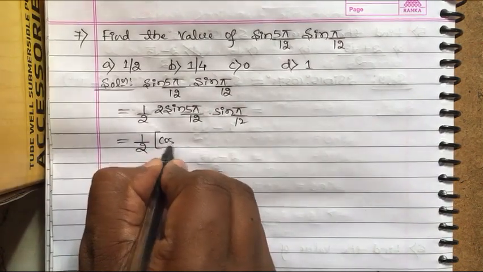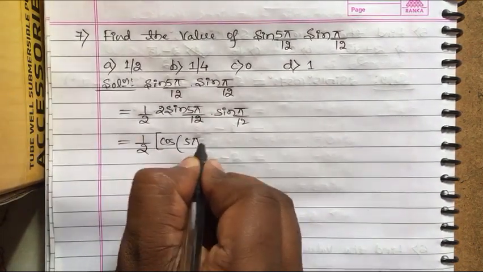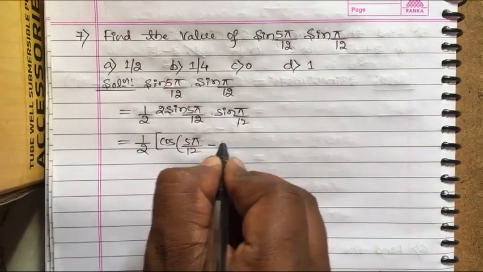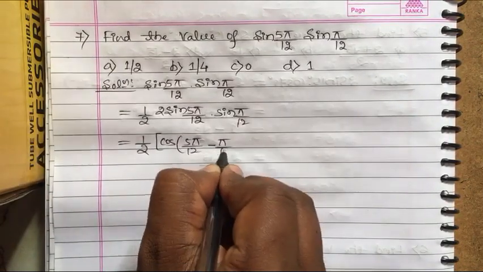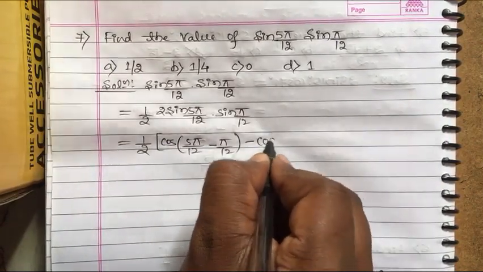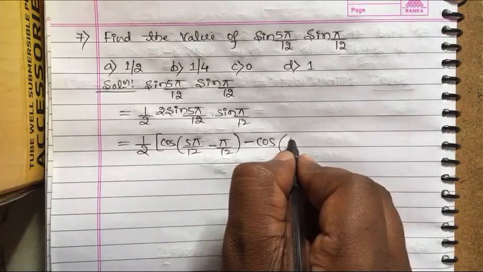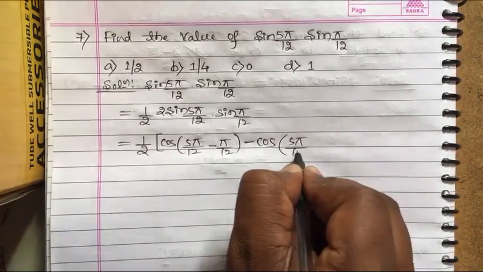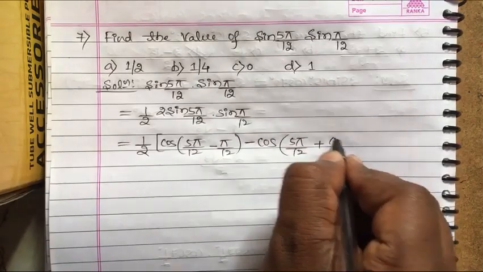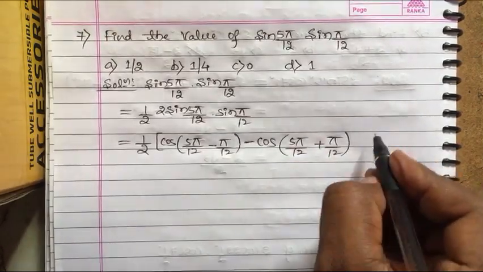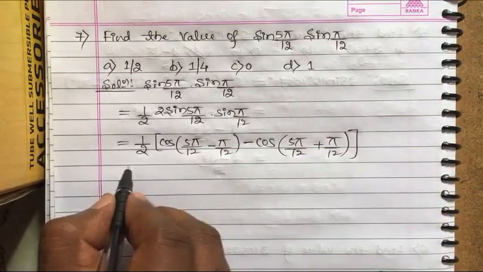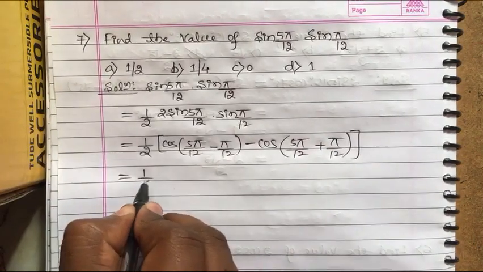2 sine A into sine B can be written as cos of A minus B minus cos of A plus B. Cos of 5 pi by 12 minus pi by 12 minus cos of 5 pi by 12 plus pi by 12. So close the main bracket, which is equal to 1 by 2.